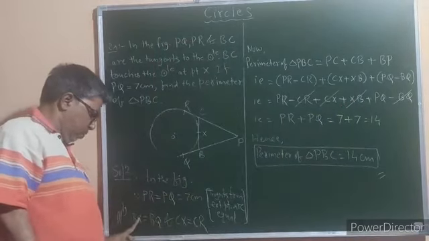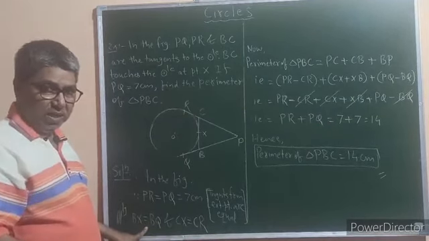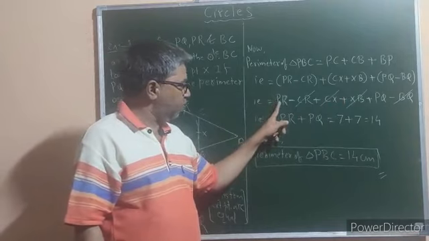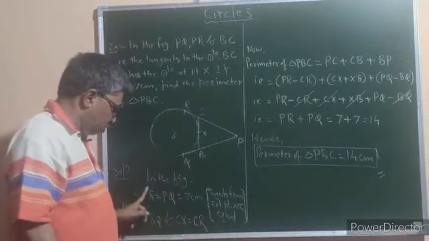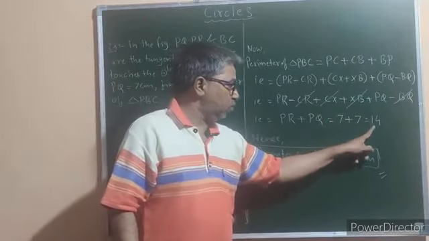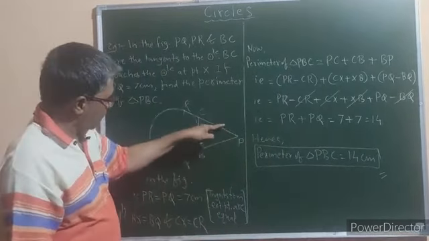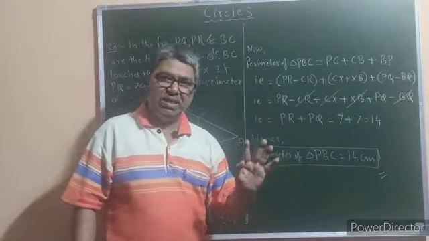BX is equal to BQ, since tangents drawn from an external point are equal, therefore they also cancel. Now what remains is PR plus PQ, and you know the length of PR and PQ is 7 centimeter. So 7 plus 7 is equal to 14. Hence the perimeter of this triangle PCB is 14 centimeter.